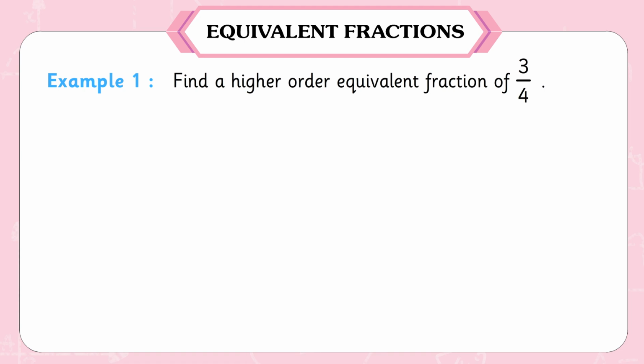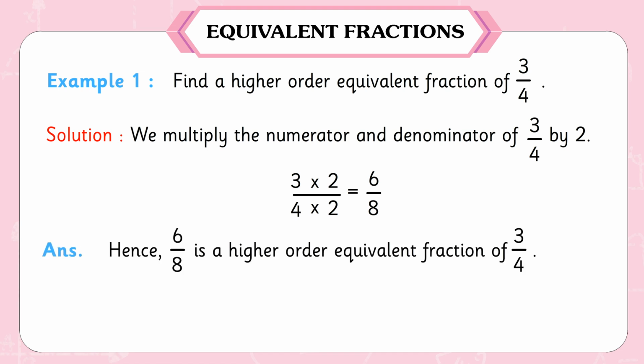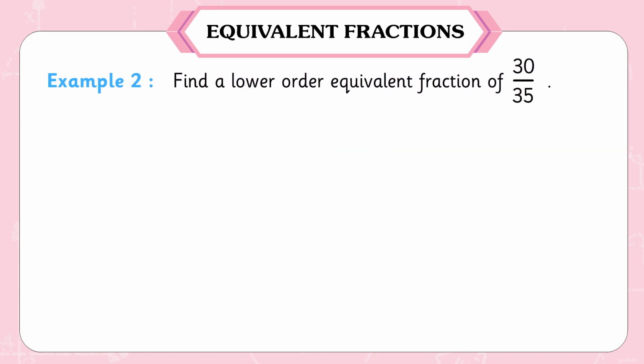Example 1. Find a higher order equivalent fraction of 3 by 4. Solution. We multiply the numerator and denominator of 3 by 4 by 2. 3 into 2 by 4 into 2 is equal to 6 by 8. Answer. Hence, 6 by 8 is a higher order equivalent fraction of 3 by 4. Example 2.